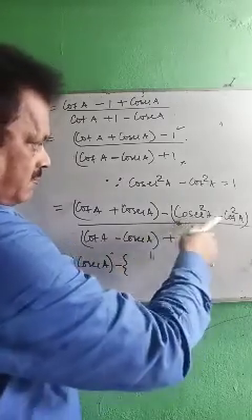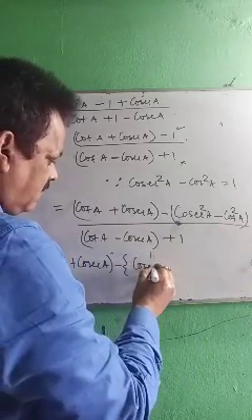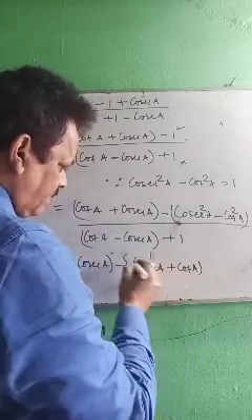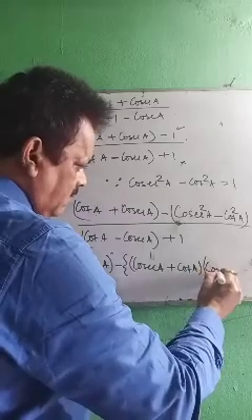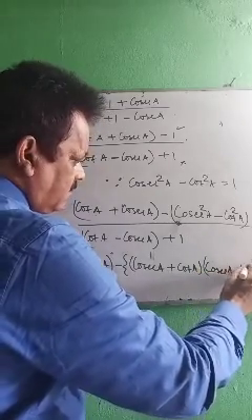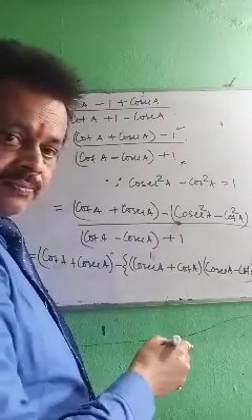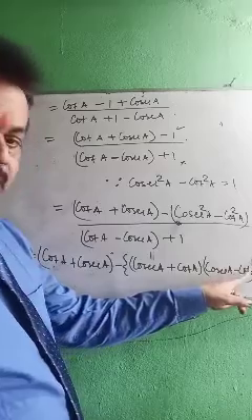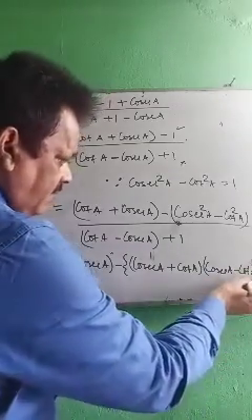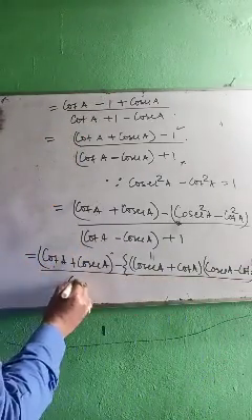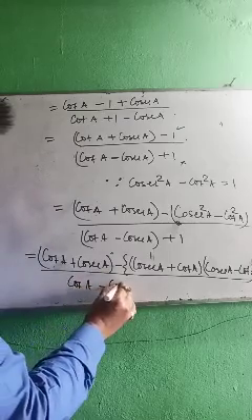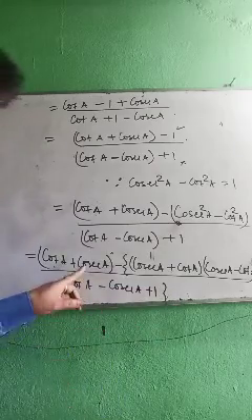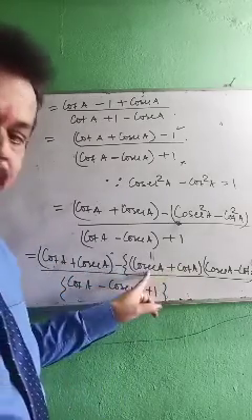Simplify A square minus B square: A plus B, A minus B. Cosec A plus cot A, cosec A minus cot A, divided by cot A minus cosec A plus 1. So look at here. Cot A plus cosec A is common.